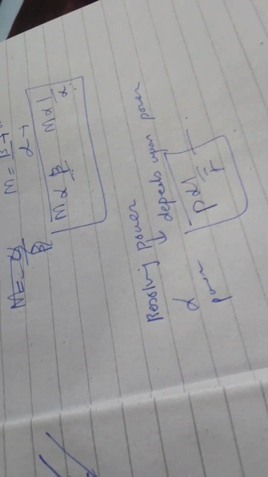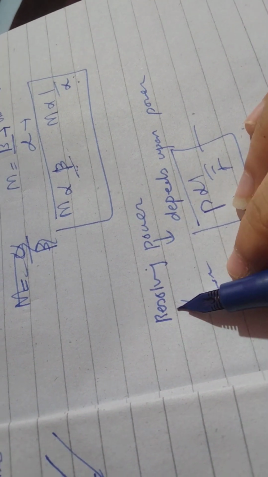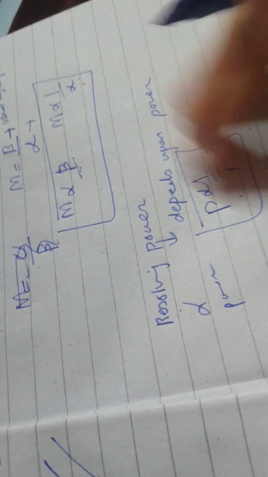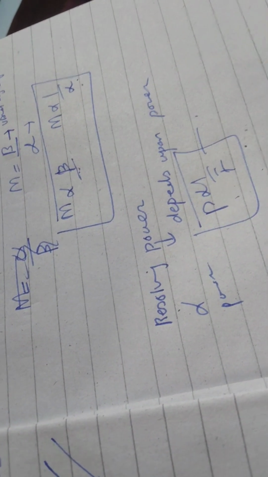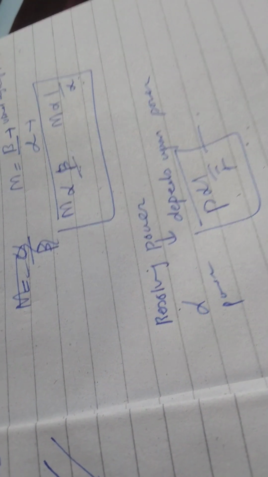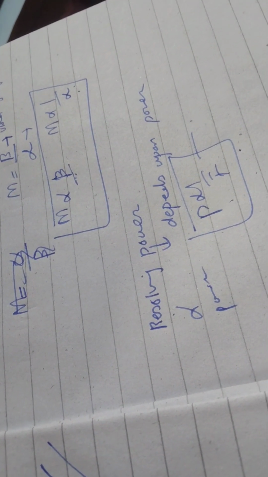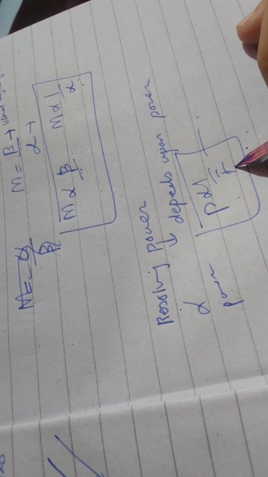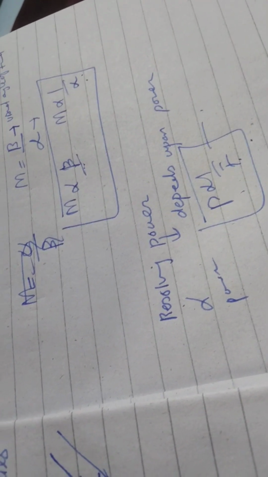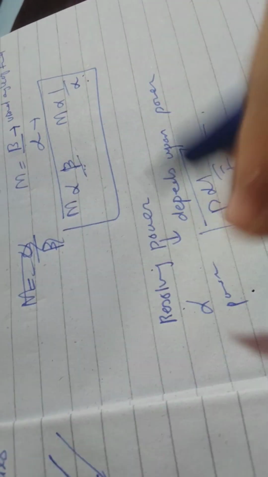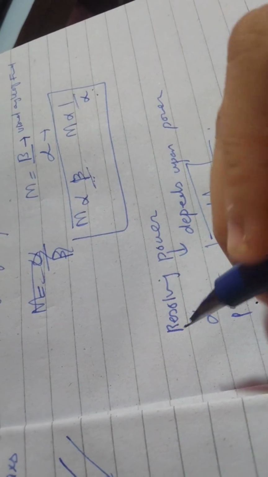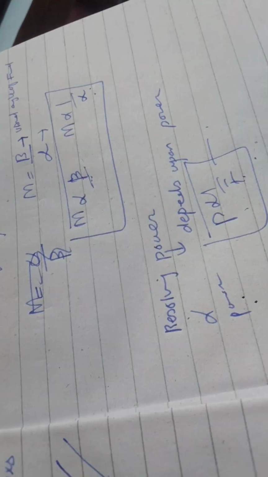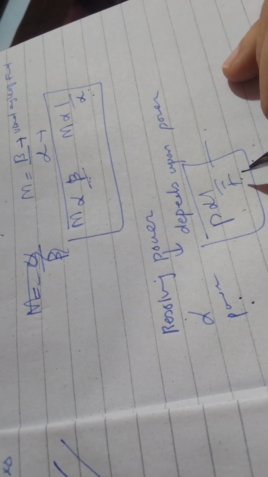As the power increases, the resolving power also increases and the focal length decreases. If the focal length is low, then the power and the resolving power both will be high.